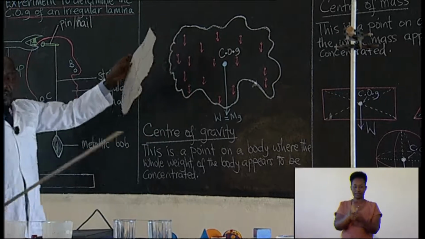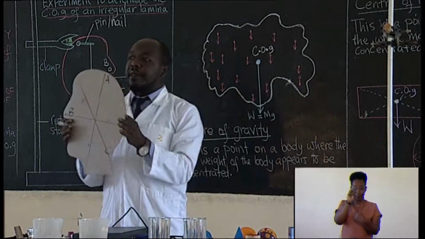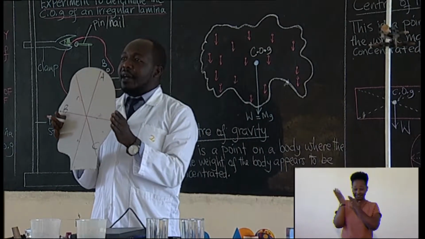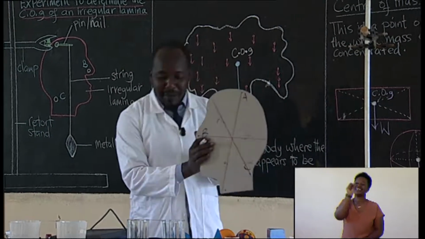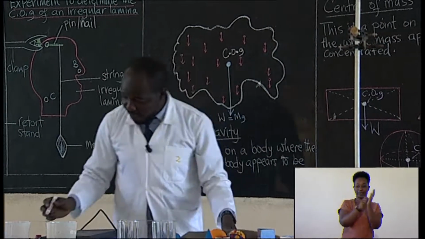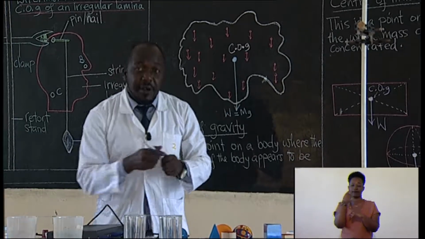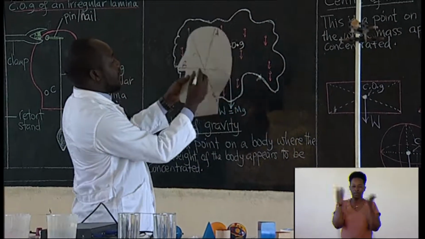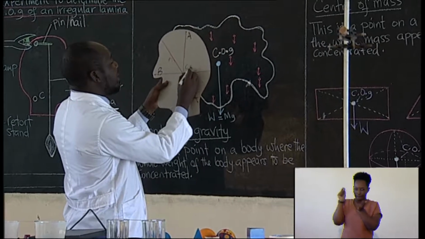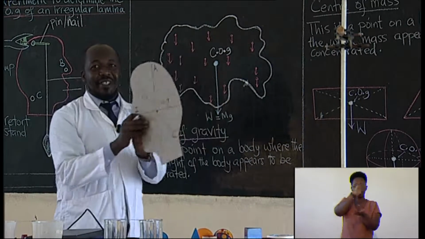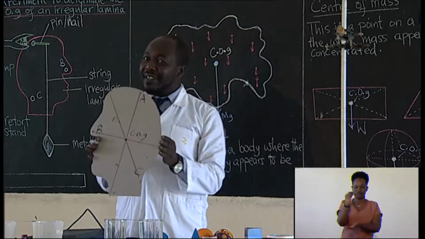Wow. Do you now see the magic there? Are they meeting at one point? Yes, they are meeting at one point. Let me get a pen of another color so you can see. Where they are meeting is right here. And this point here where they are meeting becomes the center of what? Of gravity. Isn't that wonderful?